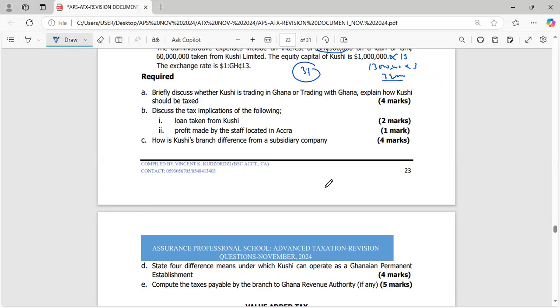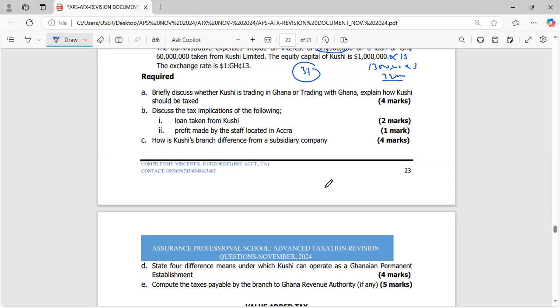A branch can be an extension. You know, a PE: if you have a physical presence in Ghana, if you have a fixed place of business in Ghana, then that will be classified as a PE. One-off transactions cannot be classified as a PE. So kindly revise your notes on the PE. What constitutes a Ghanaian permanent establishment?